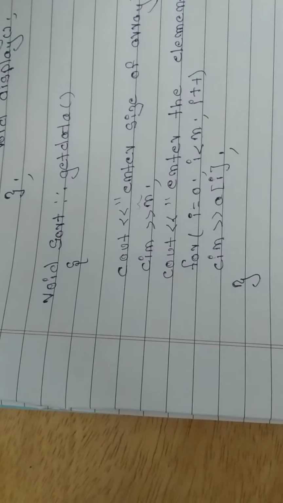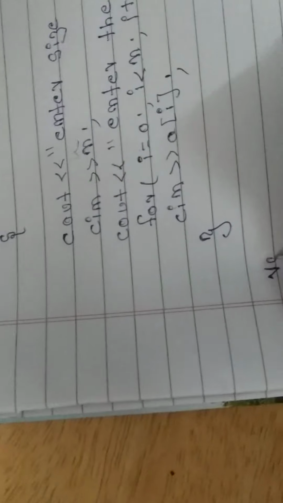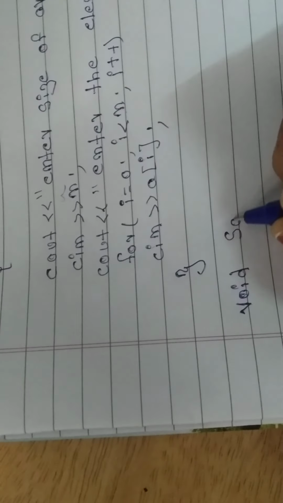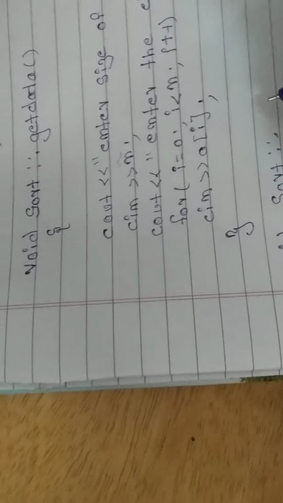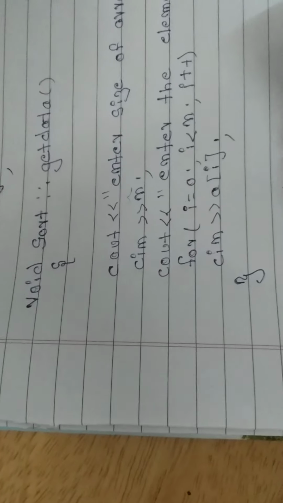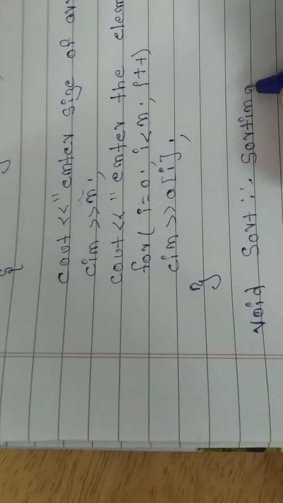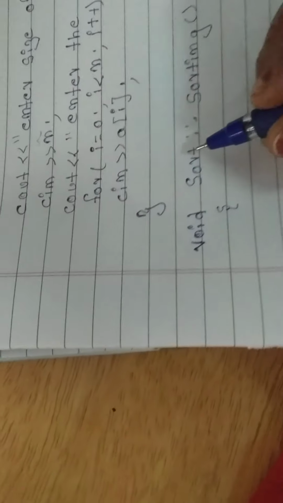Now void, you can see here void, class name is sort, then after that the scope resolution operator is there. After that, sorting is the function name. So open the body. Now I am explaining the sorting function for you.